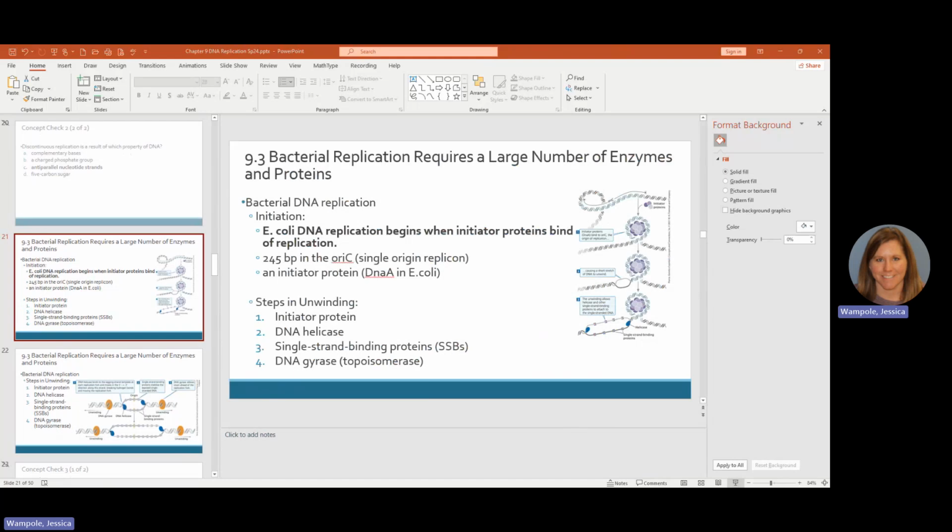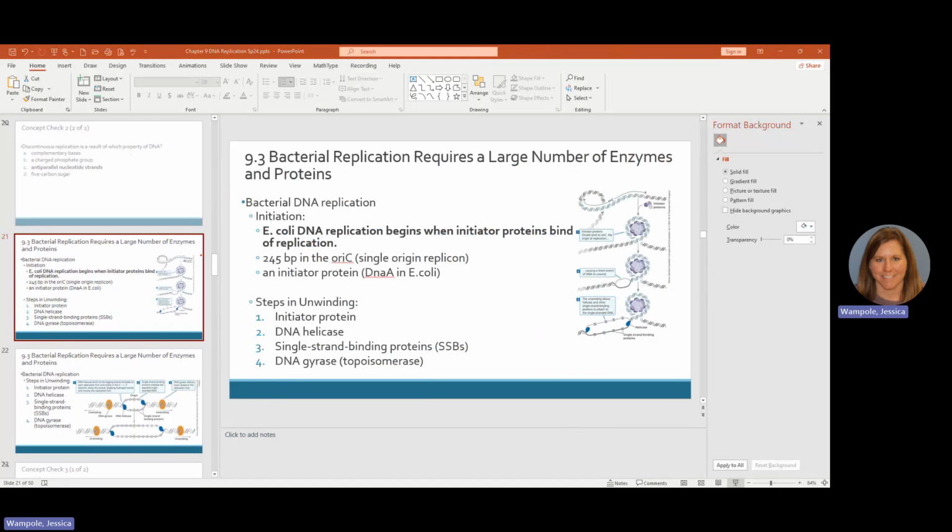We need to build a 3' end that it can work off of. So first, RNA polymerase is going to come in and make a little set of RNA nucleotides as a little primer. And then what that's going to do is leave a 3' end that DNA polymerase can work on.